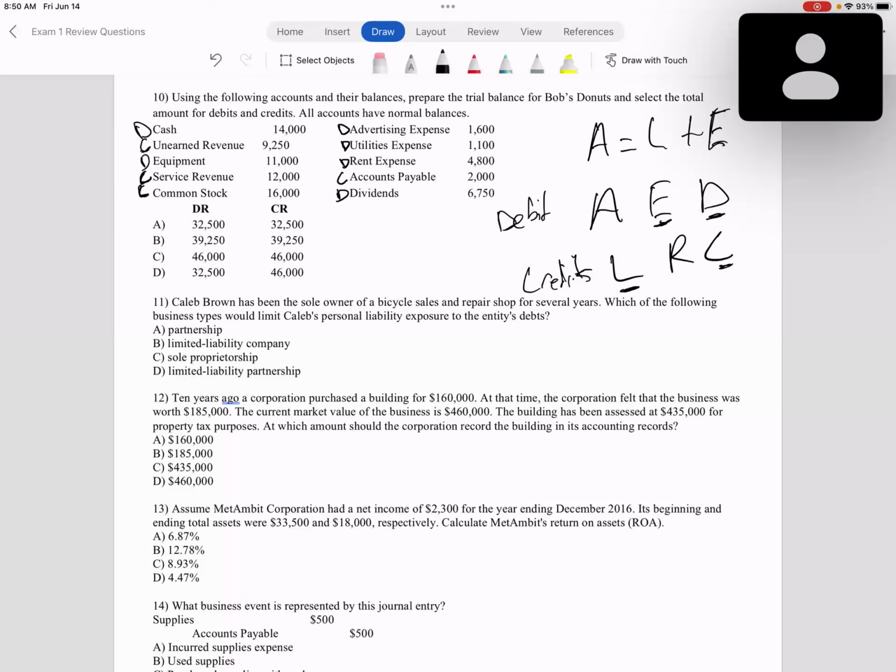What is a debit? So 14,000 plus 11,000 plus 11,000 plus 1,600 plus 1,100 plus 4,800 plus 6,750.